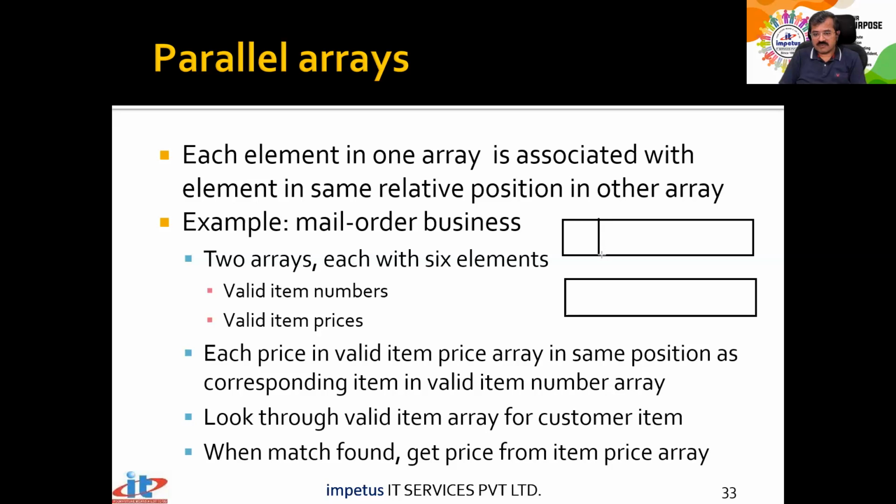So this is the first one over here, this is the first one over here. Then this is the second, and this is second over here. Likewise, this third, and this is also third. Likewise, this is fourth, and this is also fourth. This is fifth, and this is also fifth.